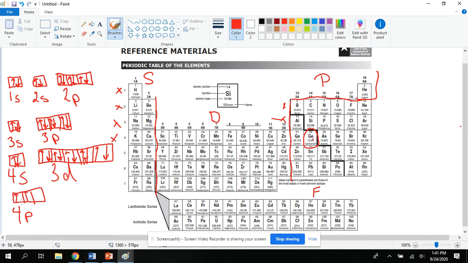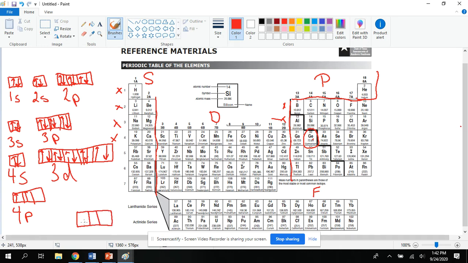I cannot put these arrows together in this first box. You have to put 1 in each box before you can go back and start doubling them up. You can't have 2 in one box and have empty boxes. Okay? So this right here is the orbital notation for germanium, but I'm going to do an example down here.